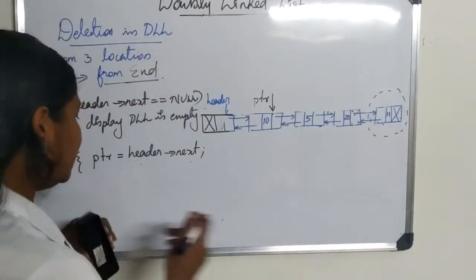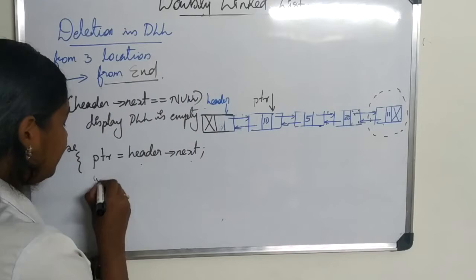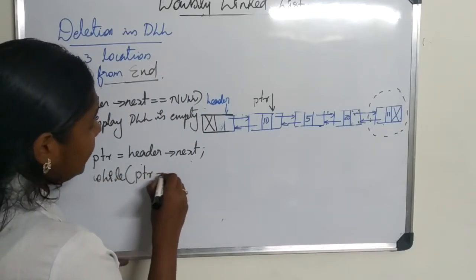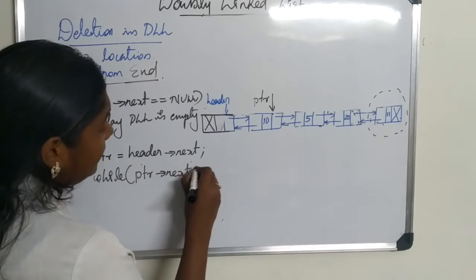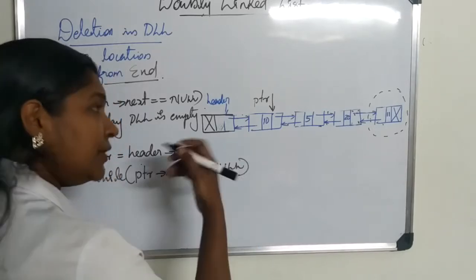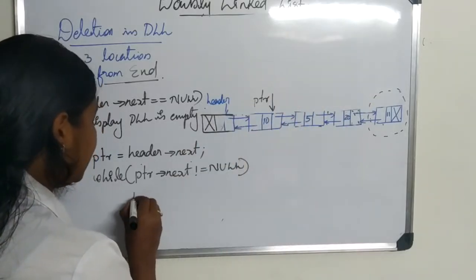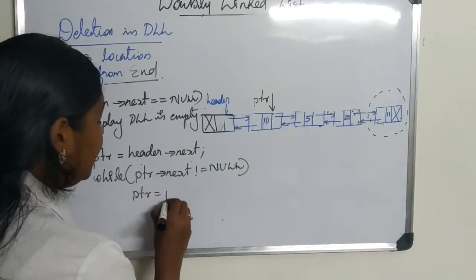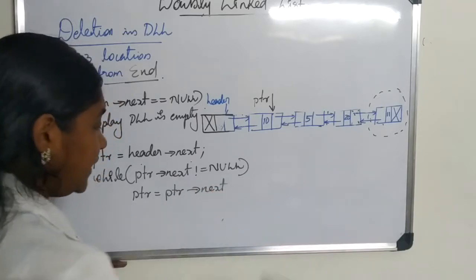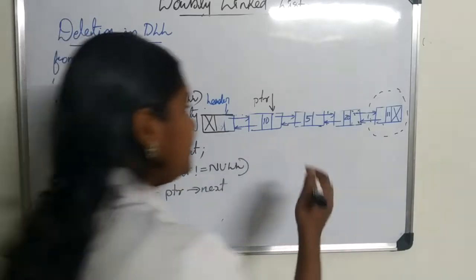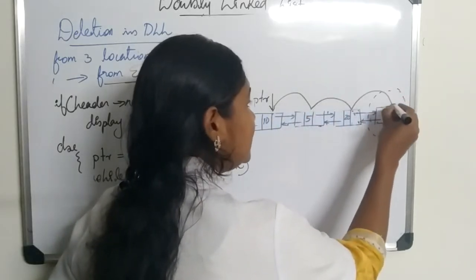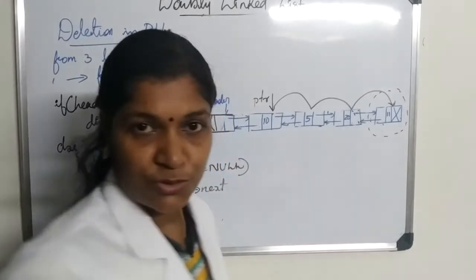Provide the loop as while PTR dot next not equal to null, till then keep on traversing, that is PTR equal to PTR dot next. With this loop, you will traverse through all these nodes and reach the last node.